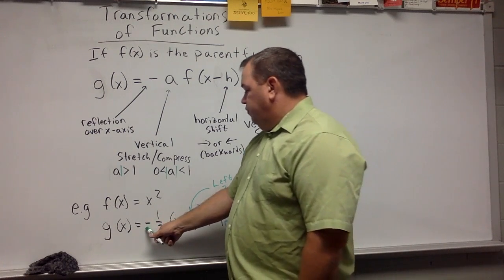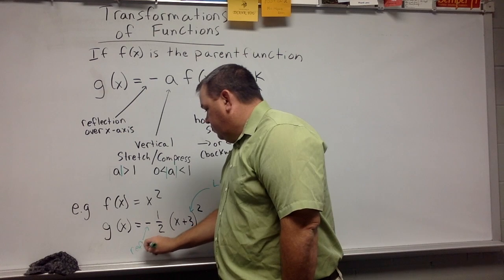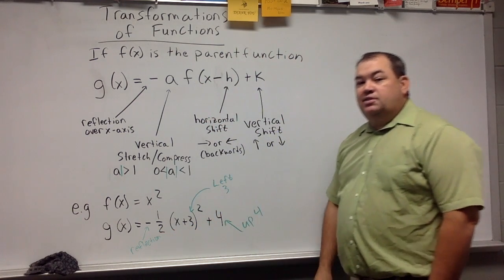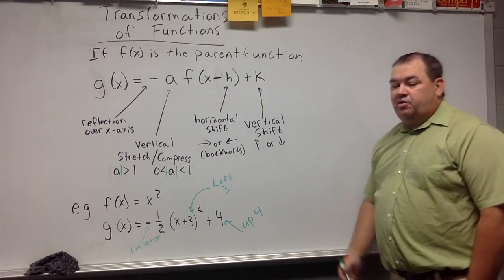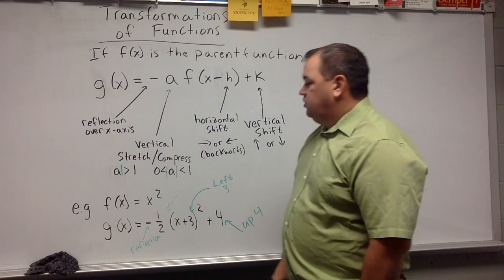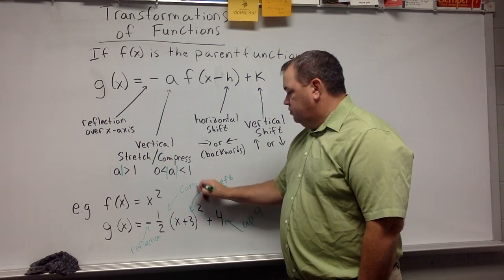The sign in front is telling me this has been reflected. So instead of this quadratic pointing up, it is now pointing down. That negative tells me my quadratic has been reflected. And the number here is definitely smaller than 1, so we're looking at a compression.